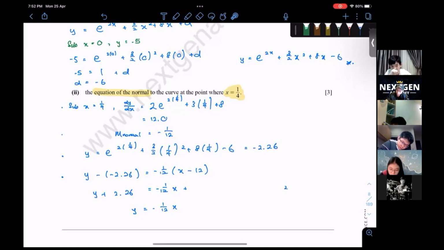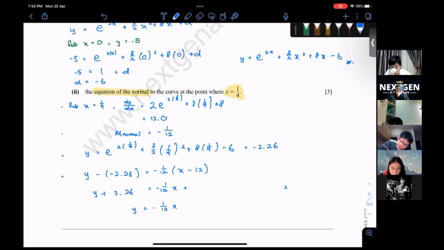Okay, so in this case, this will be plus 1, right? So it will be 1 minus 2.26. I will keep it here. Negative 1.26. But I can tell you all, in exam, you write until here also is actually correct already. In fact, I think here also correct.